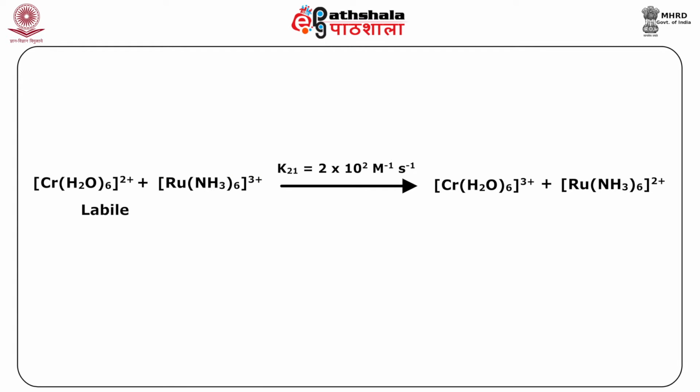After electron transfer, they lead to the formation of chromium 3 plus water complex and ruthenium 2 plus amine complex. Although chromium is getting stabilized by forming chromium 3 species, ruthenium is going to be destabilized as D6 systems seldom go for D5 configuration, especially for the D4 and D5 series.